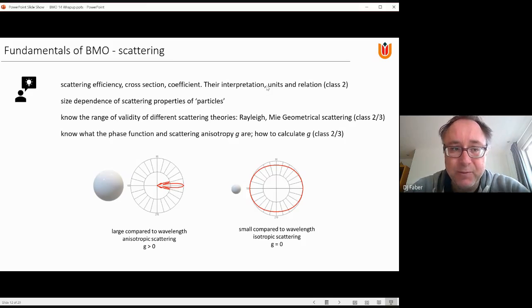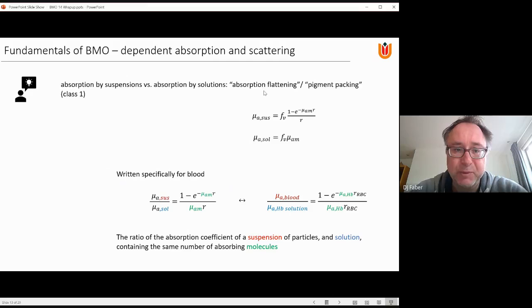But you have been working with phase functions as well in the assignments, so that should not be much of a problem. Then there was the peculiarity that when we put particles in suspensions, the scaling of these optical properties is not all that straightforward. It is not always the case that if you just double the amount of particles, you will double the amount of scattered power or double the amount of absorbed power.